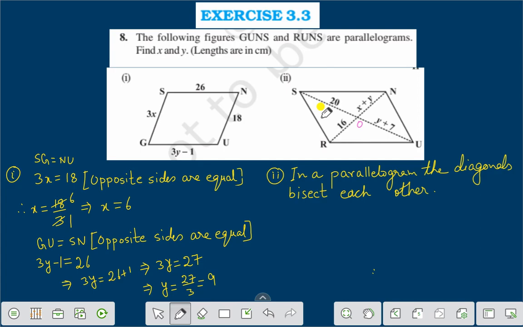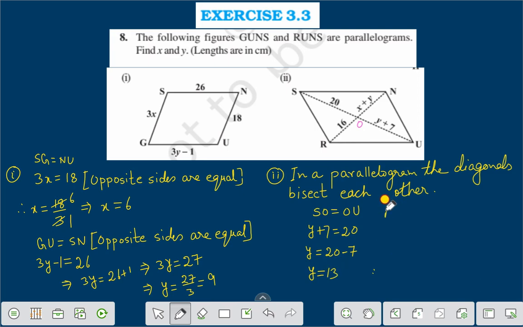Therefore, we can write that HO is equal to OU. Therefore, the value of HO is 20 and OU is equal to y plus 7. Y plus 7 is equal to 20. Or you can write y is equal to 20 minus 7. Therefore, the value of y is equal to 13.